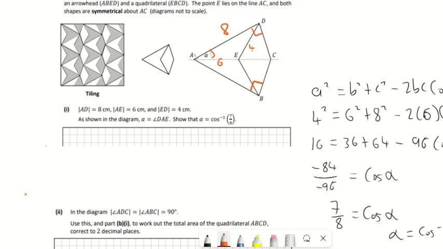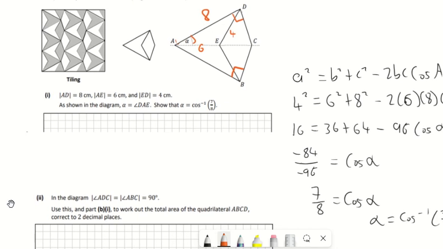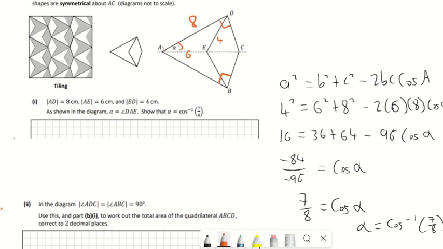To get the length CD, we're going to work that out. We know that alpha is cos inverse 7 over 8, and I'm going to use that to figure out what CD is. From the angle alpha, CD is the opposite and AD is the adjacent, so I'm going to use tan.